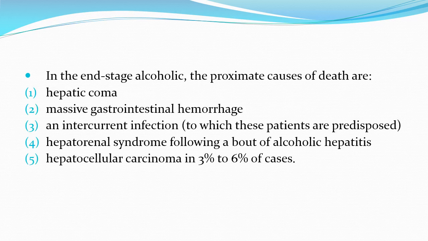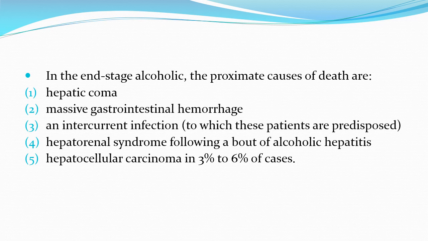In end-stage alcoholics, the proximate causes of death are hepatic coma, massive gastrointestinal hemorrhage due to portal hypertension, intercurrent infections to which these patients are predisposed, hepatorenal syndrome following a bout of alcoholic hepatitis, or hepatocellular carcinoma in about 3 to 6% of cases. So these are the complications or causes of death due to alcoholic liver disease.